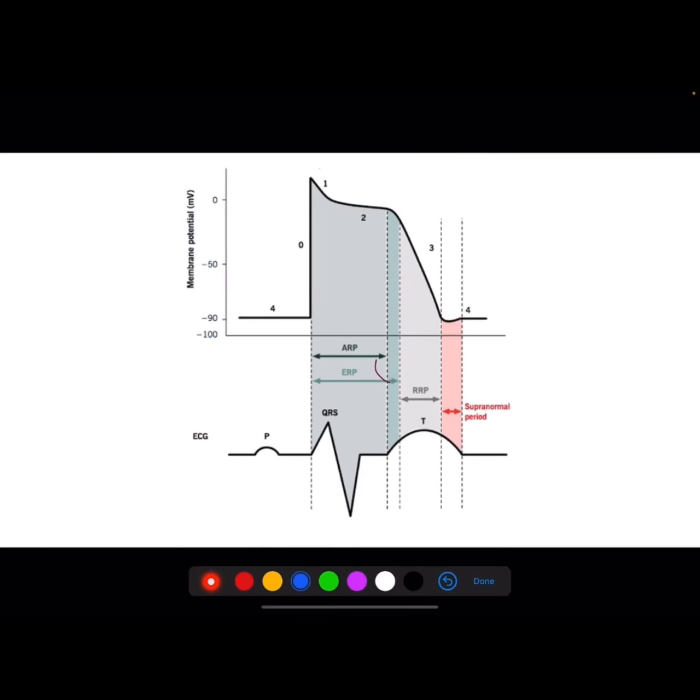Now how does it translate into the ECG? We already know that phase 0 is predominantly the depolarization phase followed by repolarization. We have learned in physiology that the first phase is called the absolute refractory period.